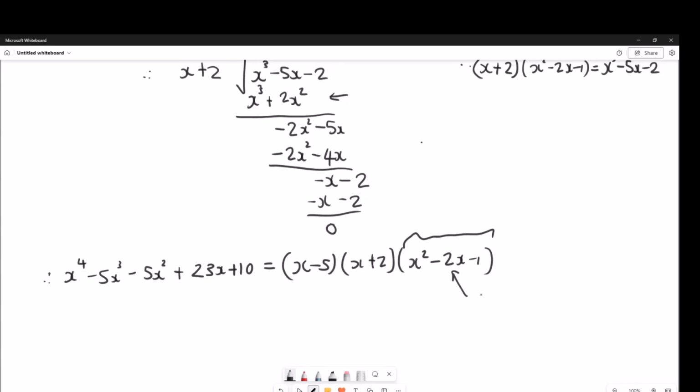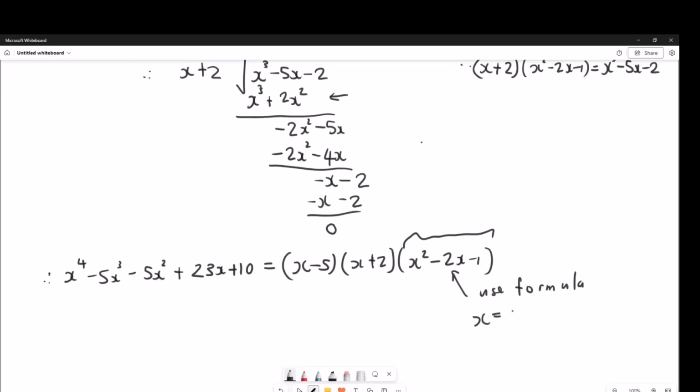Remember, you can't factorize that, right? Because the discriminant delta is not a perfect square.